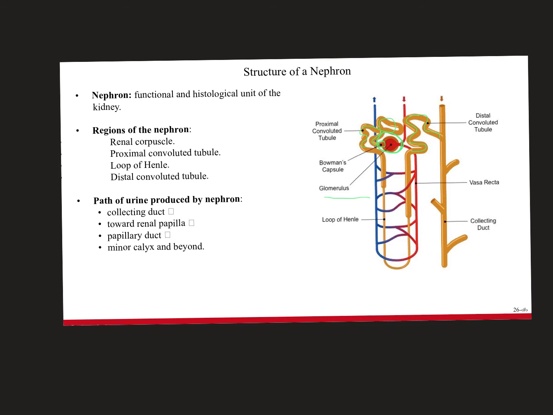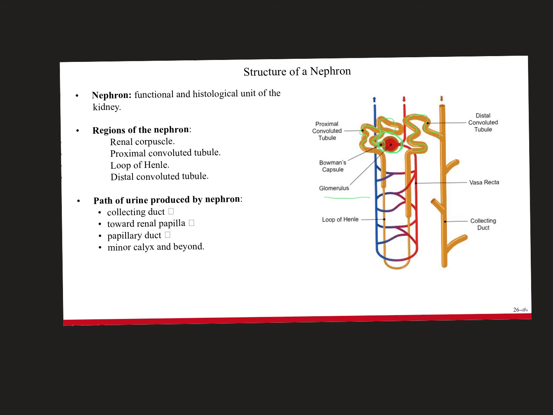Okay? And the loop of Henle drops down into the medulla of the kidney in some cases, not in every case. We'll explain the difference between those later. But you'll notice when you look at the loop of Henle, there's a part of it that goes down and there's a part of it that goes up.